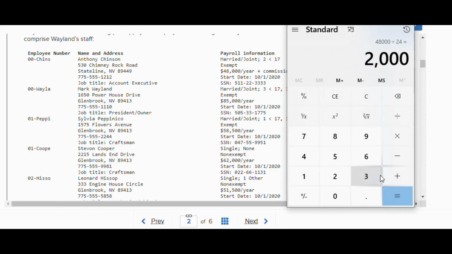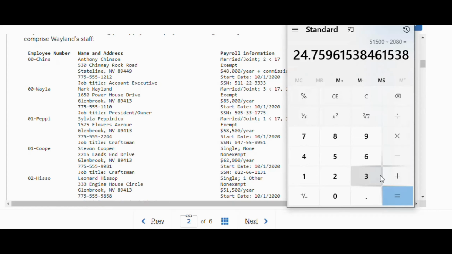For Hyssop, the salary is $51,500, and this time we will divide by 2080, which is 52 weeks a year times 40 hours per week that are standardly worked for the company, giving Hyssop an hourly rate of $24.75962 rounded to 5 decimal points.